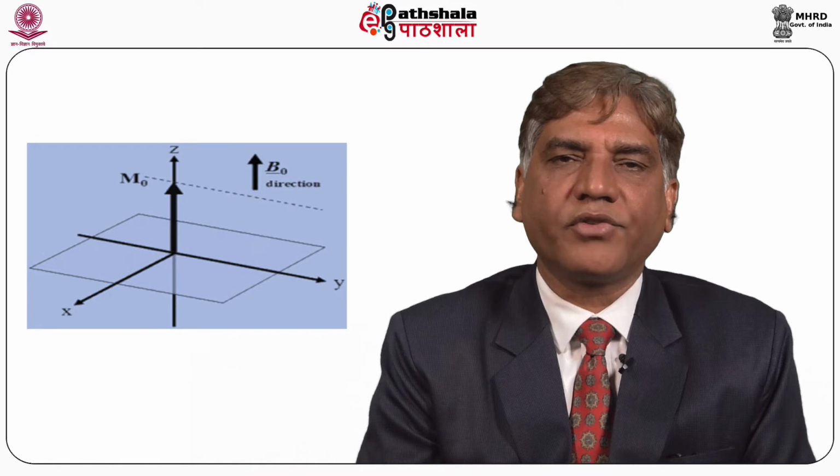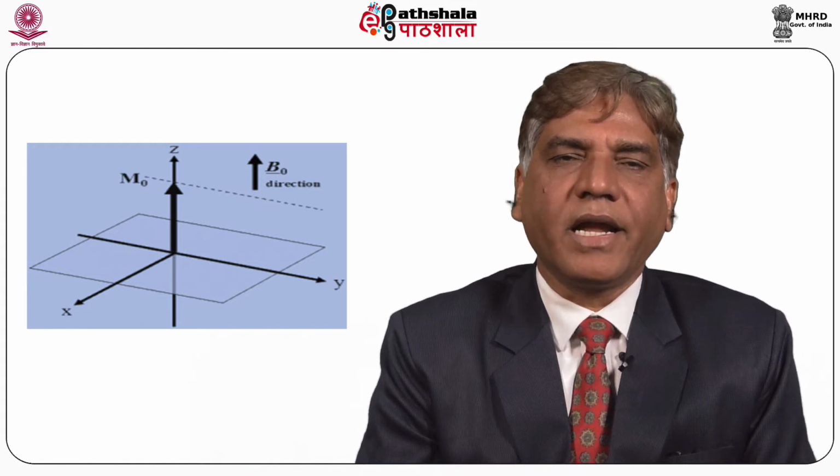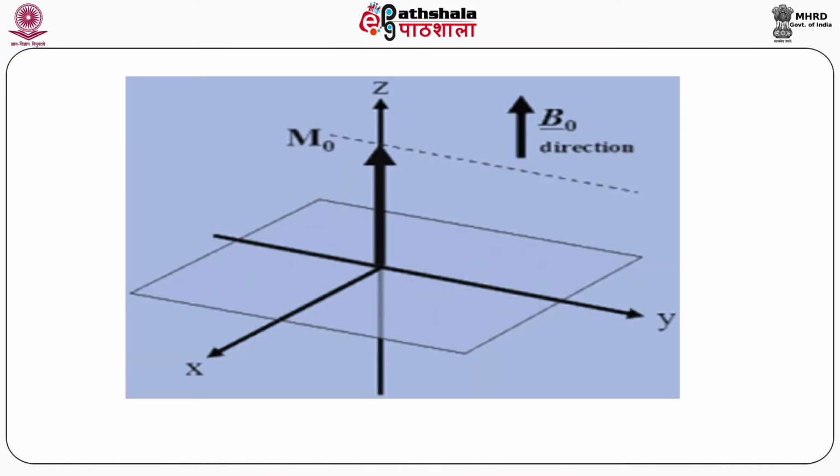The excess of hydrogen nuclei along the direction of the main magnetic field line up parallel to B0 and create the net magnetization vector of the patient. You can see in this figure some more nuclei aligned along the direction of the main magnetic field than anti-parallel to it.